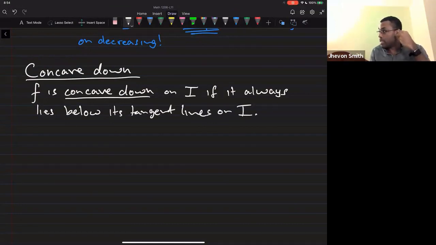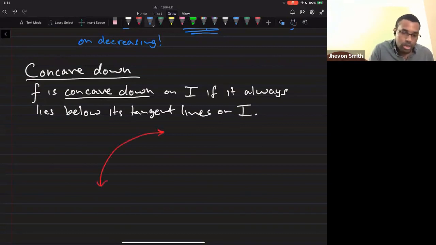So that is concave down. It pretty much means your function would have to look like this. You'll notice that the tangent lines are always on top of the function.